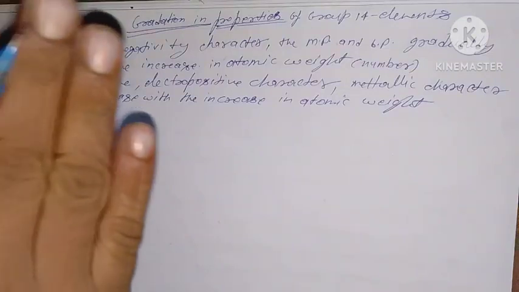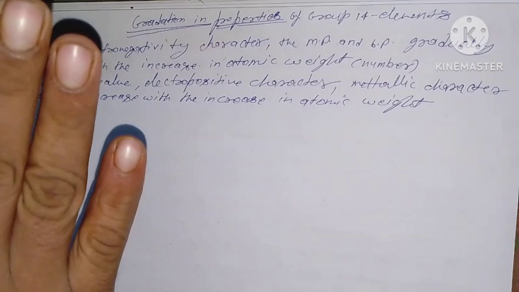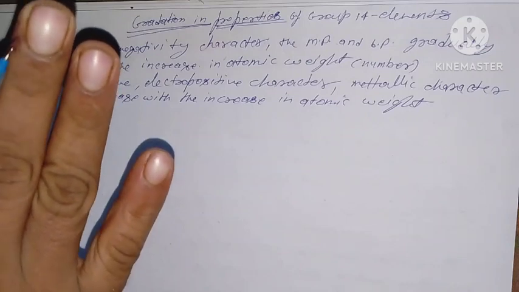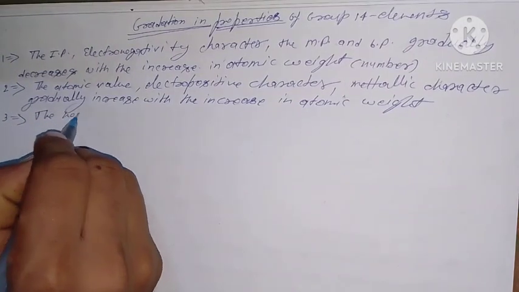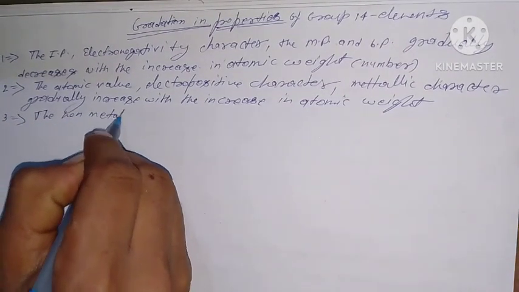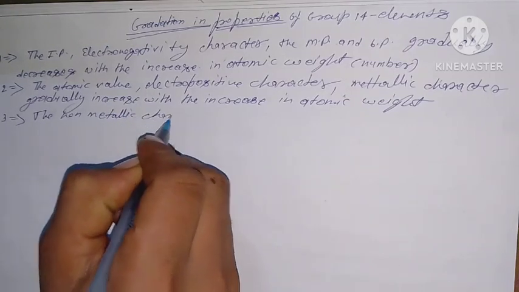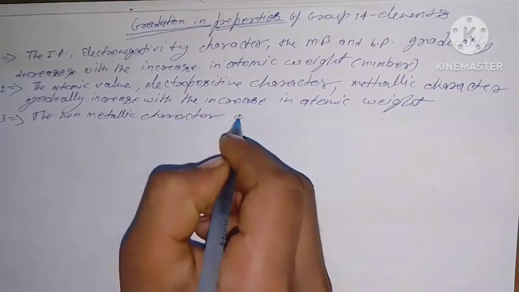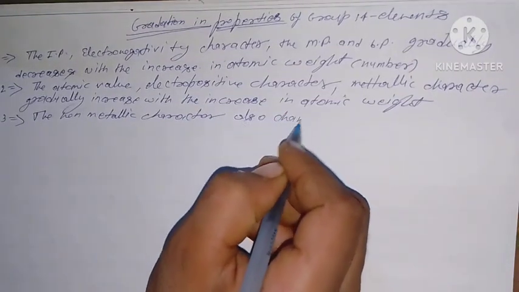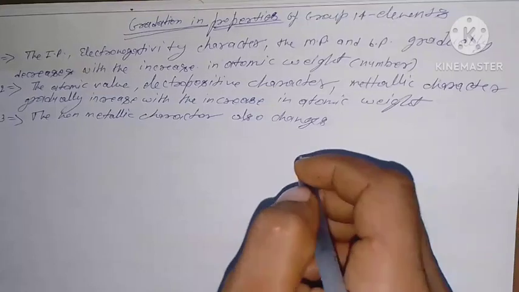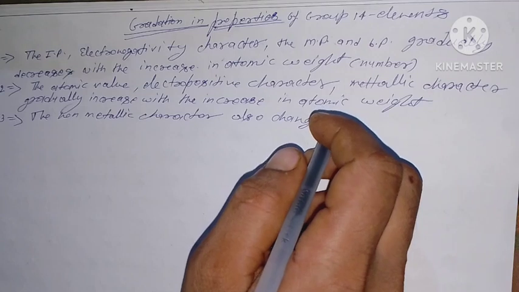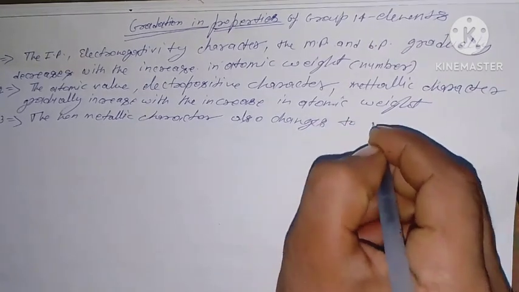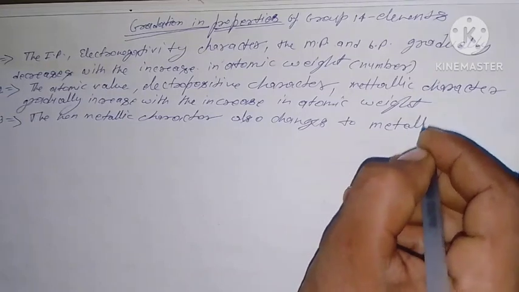Thus, carbon and silicon are non-metals, germanium is a metalloid, and tin and lead are metals.